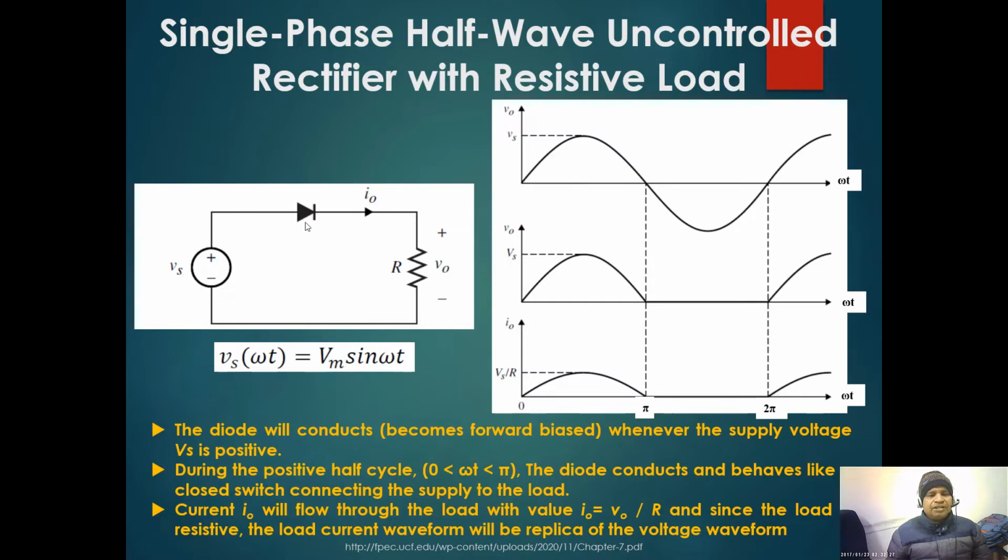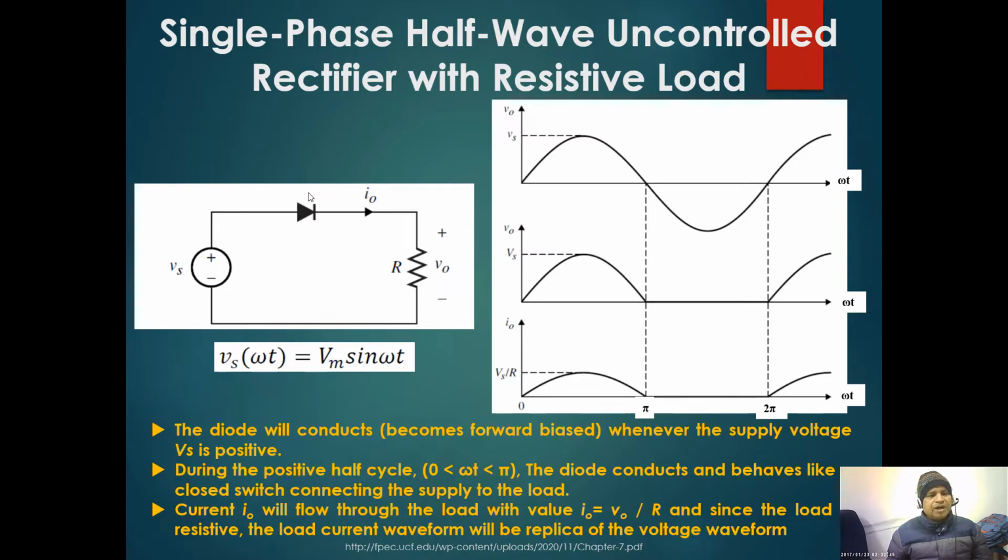As soon as there is a forward bias or positive voltage, the diode is turned on and it will be like a short circuit, and Vs will appear across V0.